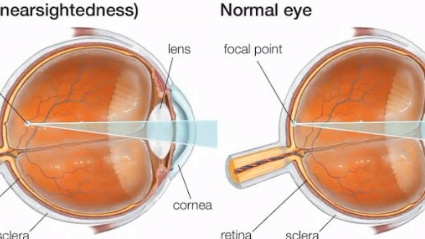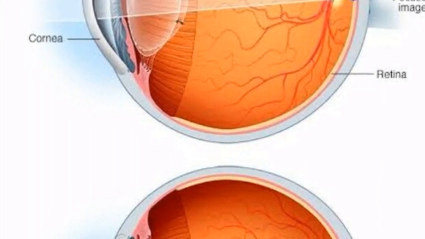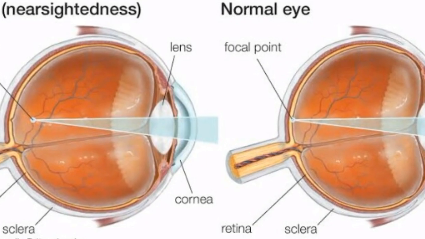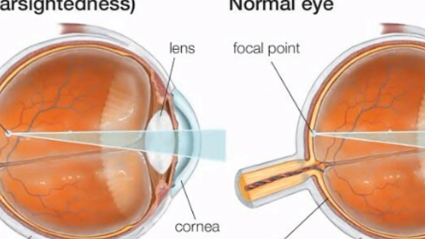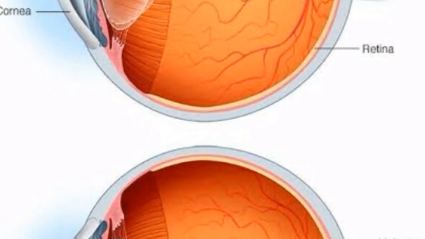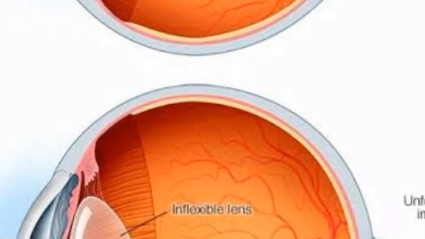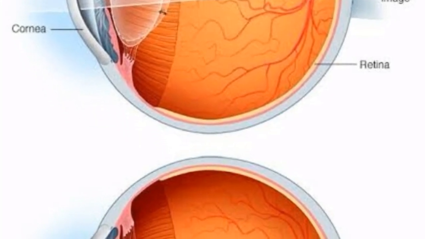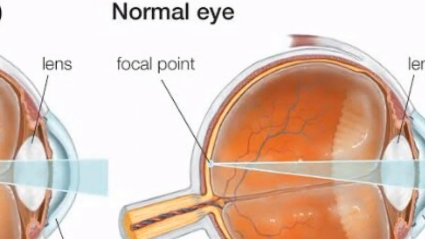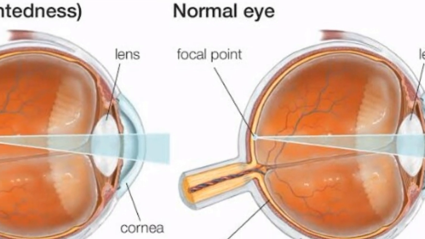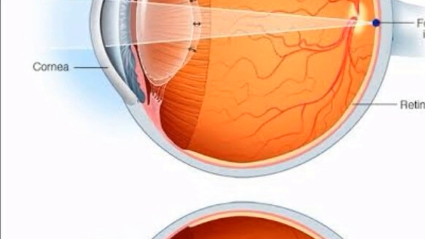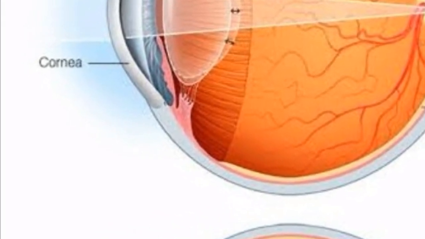First let us see myopia. Myopia is also known as nearsightedness. A person with myopia can see only near objects, not distant objects. Why is it so? In a normal eye, the focus falls on the retina, where the image is formed.